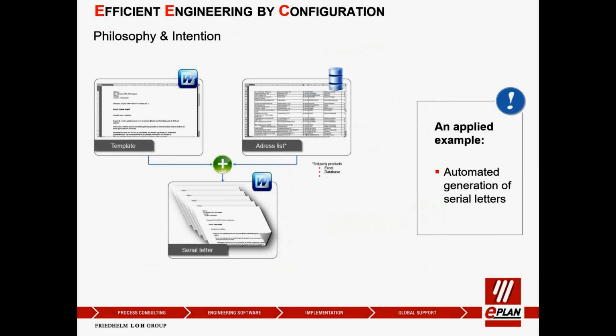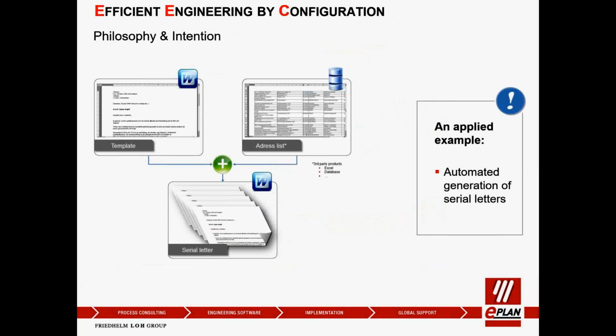If I may continue, as we were expressing before I got interrupted by this system, we have this philosophy and intention of this EEC1 tool that we have to demonstrate today, which is basically using a Word template and an address list, like we mentioned earlier, maybe a database, an Excel sheet, what have you.